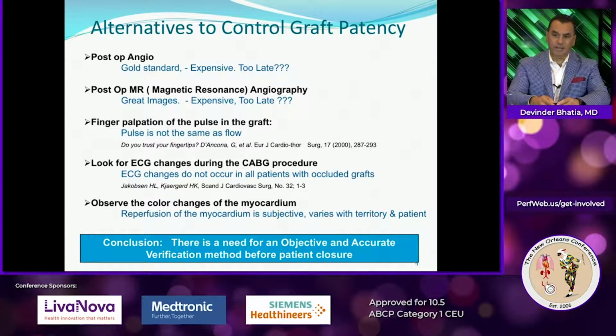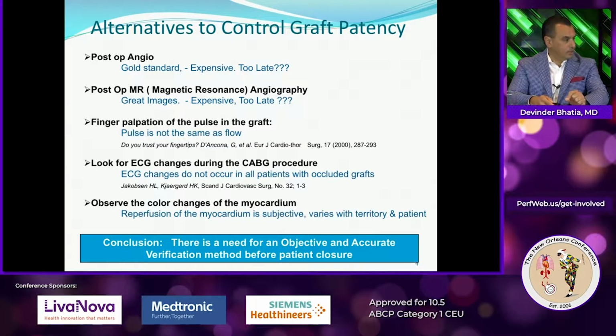You can palpate the graft, which is what everybody does prior to this type of technology, but pulse is not the same as flow. Even though you have a good pulse in a graft, that doesn't necessarily mean that there is good flow. Like you mentioned, Joe, there could be a distal anastomosis stricture or a stitch in the wrong place, and you'd still have a pulse in the graft, but you'd have poor flow.